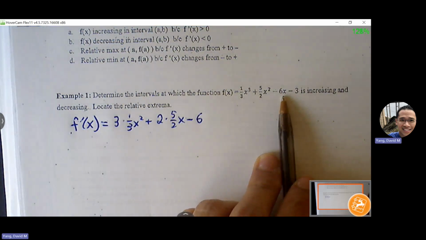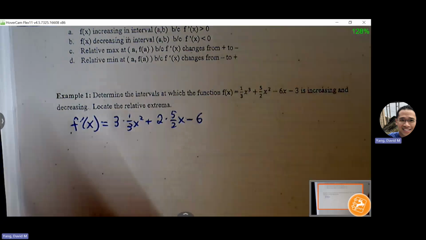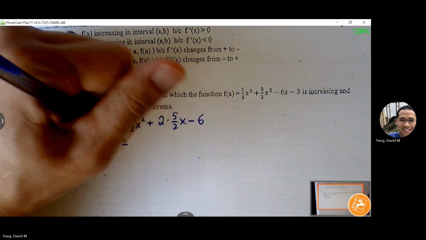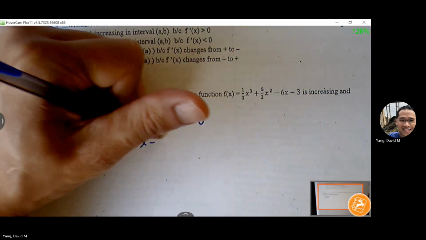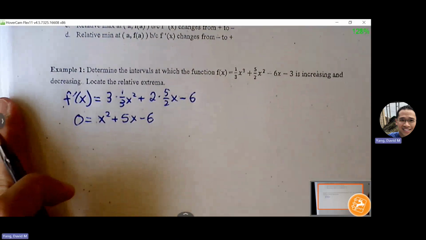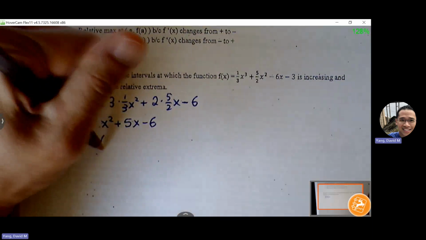The linear goes to a constant, and the constant goes to 0. Okay, we set f prime equal to 0. Now we can factor and solve. Multiplies to be -6, adds up to be 5.